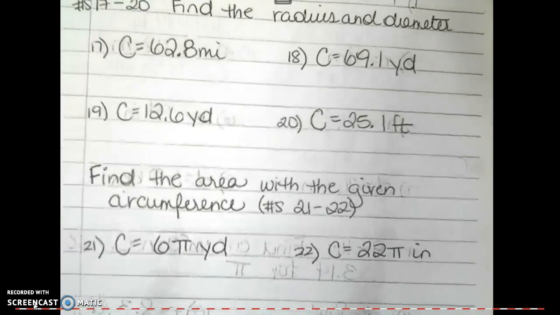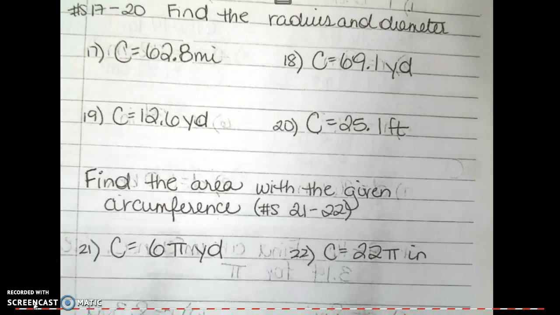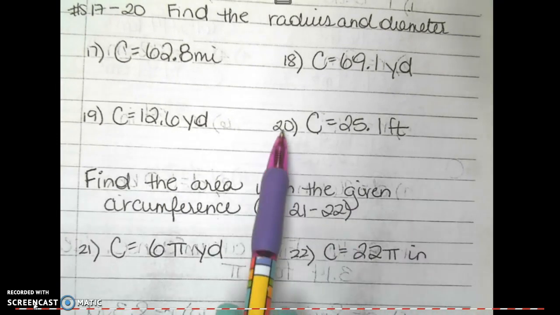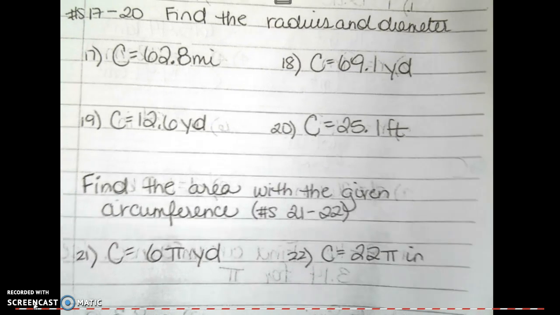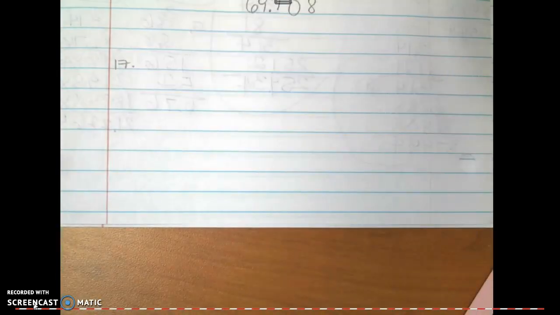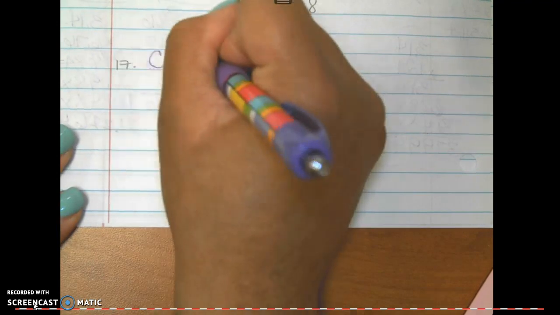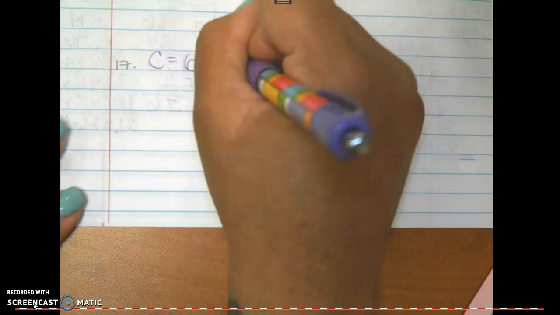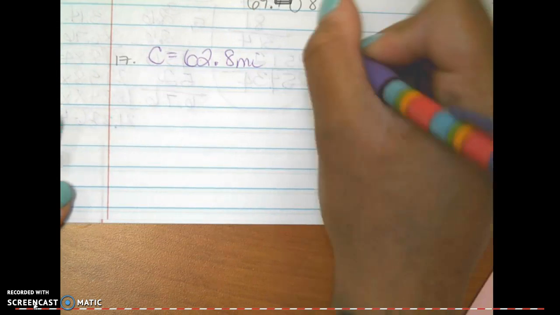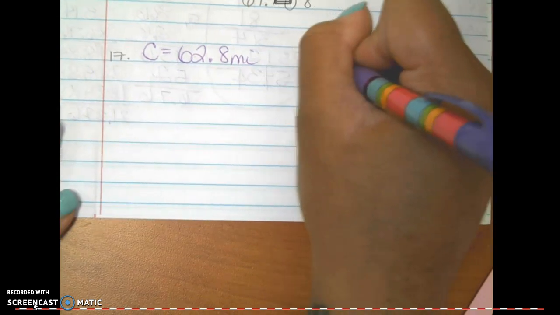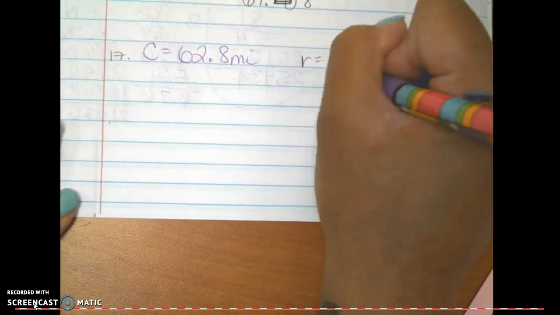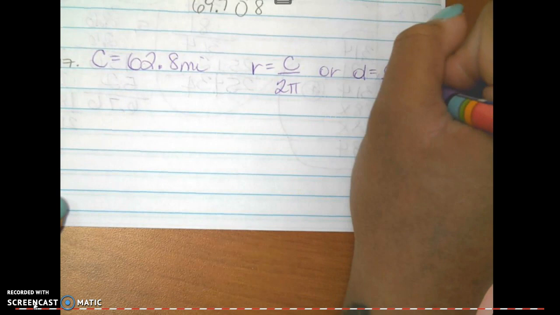So when you have your questions 17 through 20, you'll have to do something like this. For 17, your circumference is 62.8 miles. You can use either R equals C over 2 pi or D equals C over pi.